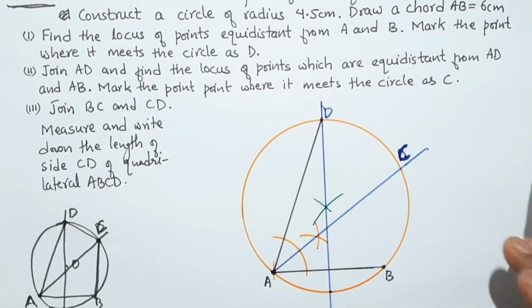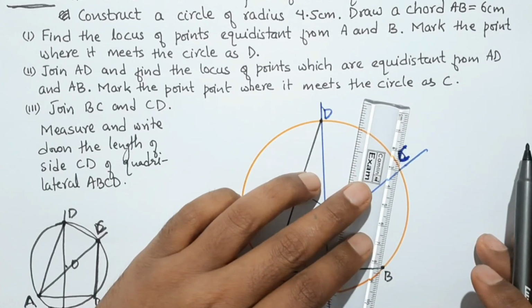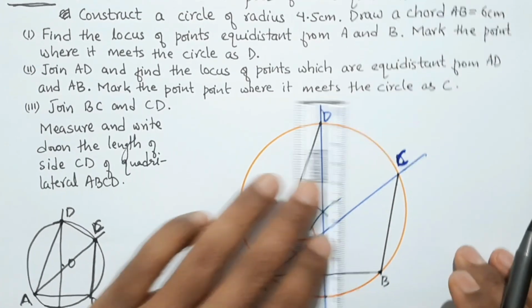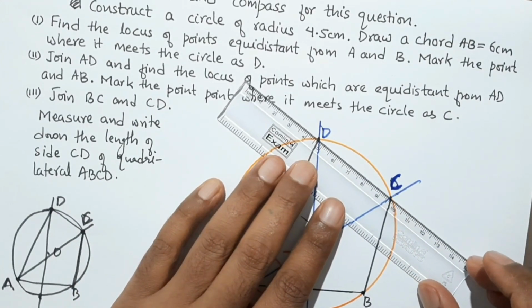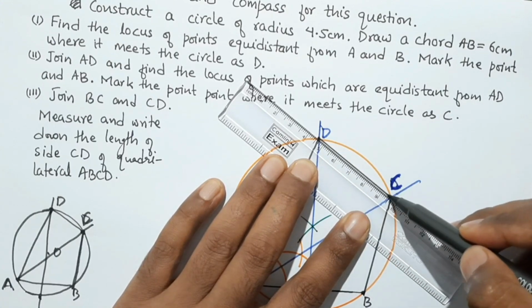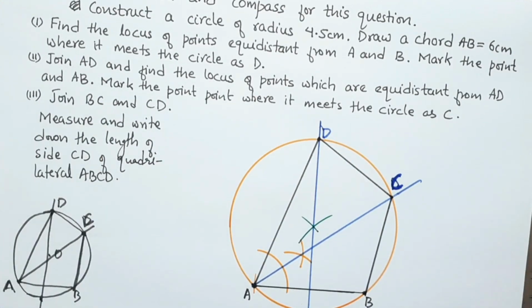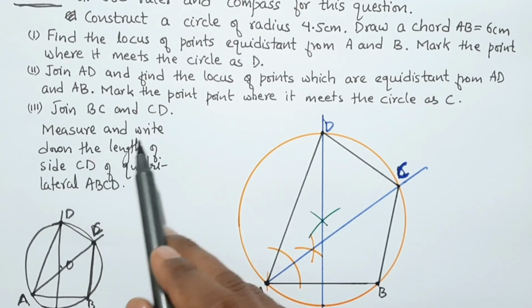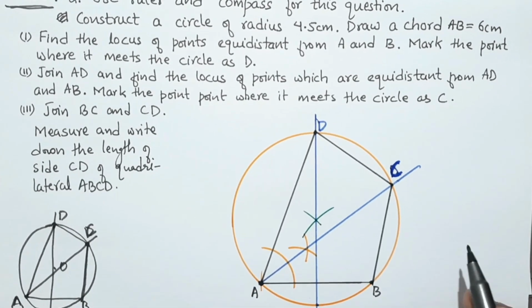Now join BC and CD. Let us join this BC and CD. Now our cyclic quadrilateral is completed. The final part of the question is to measure and write down the length of side CD.